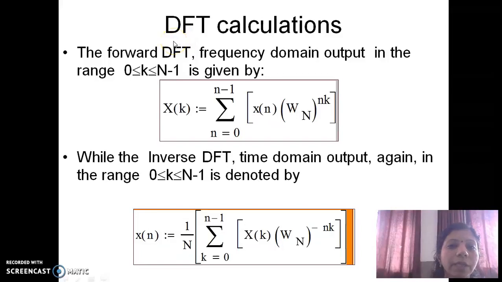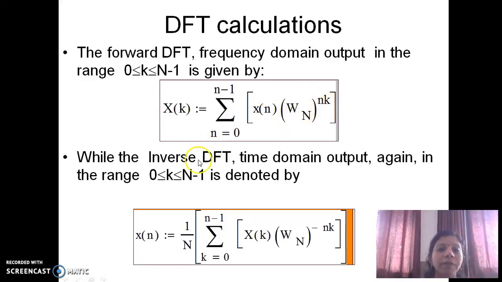Now we will see the formula for discrete Fourier transform, which is required for DFT calculations. The first is called the forward DFT and the second is the inverse DFT. Forward DFT is a frequency domain output in the range of 0 to N minus 1 and is given by X of k equals summation of n equals 0 to N minus 1 x of n W_N raised to nk.